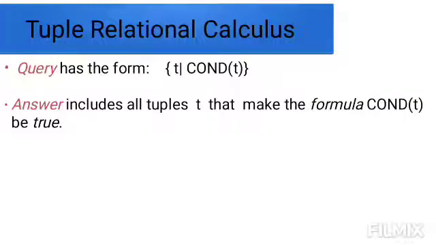A simple tuple relational calculus query is of the form {T | condition(T)}, where T is a tuple variable and condition(T) is a conditional expression involving T. The result of such a query is the set of all tuples T that satisfy the condition.